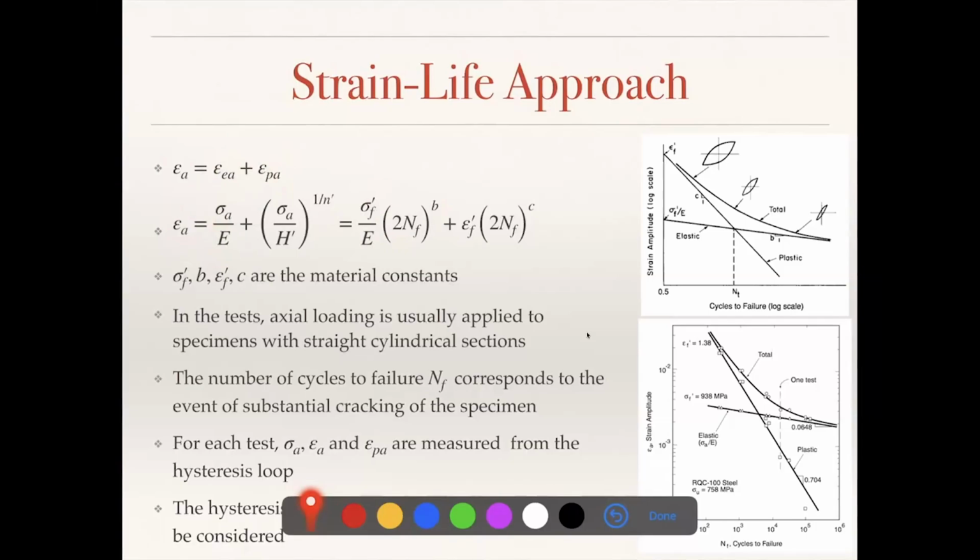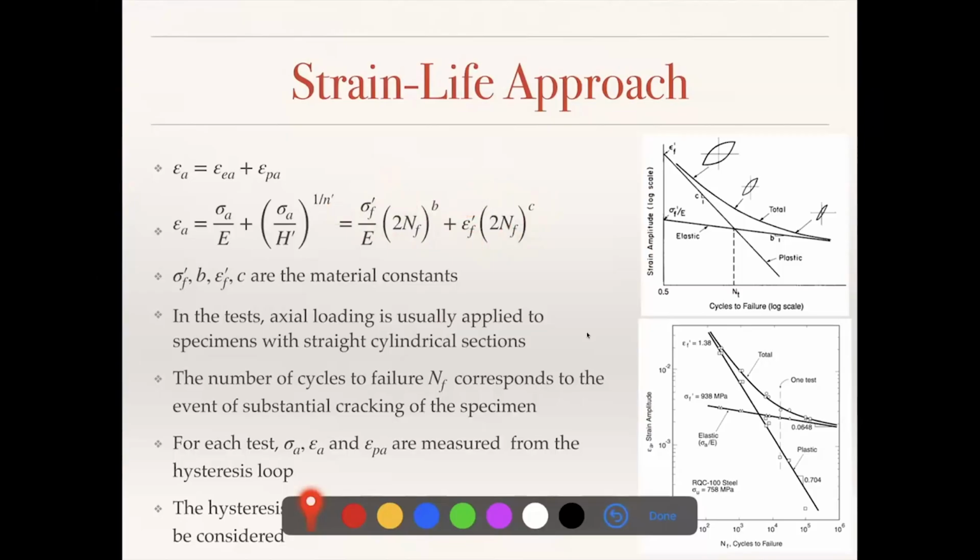So this can be written as sigma A by E plus (sigma A by H dash) whole power 1 by N dash, because plastic strain can be represented by this. Your stress amplitude can be represented by S equal to A N power B, where A is sigma F dash and N is 2 times NF, power B. So this is also one of the relations.